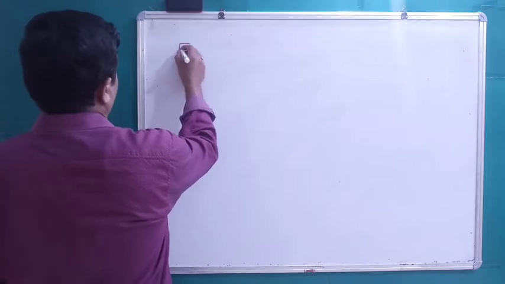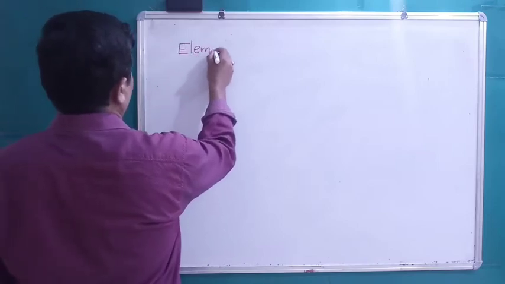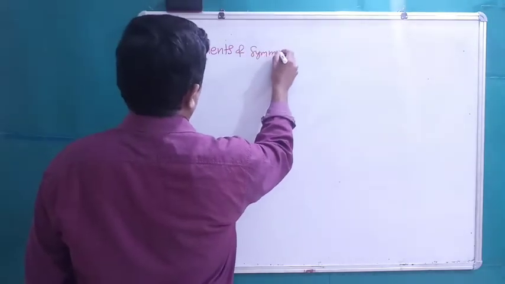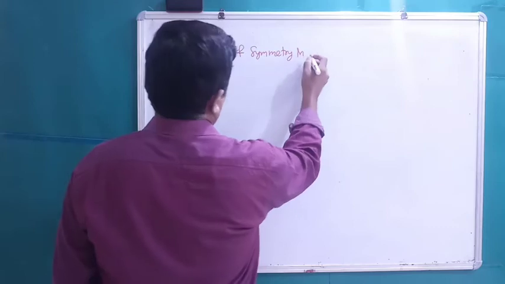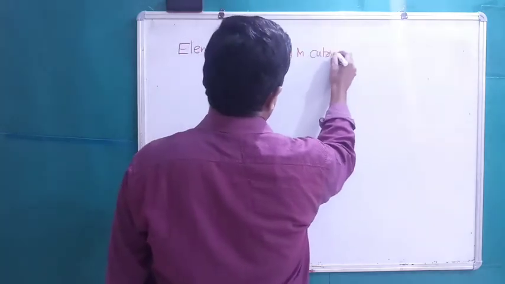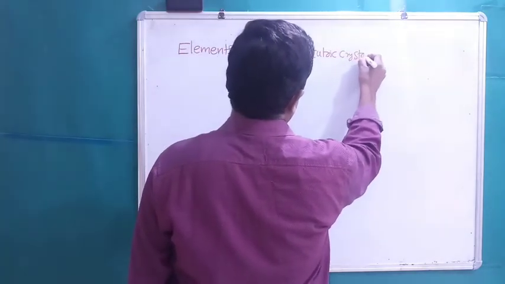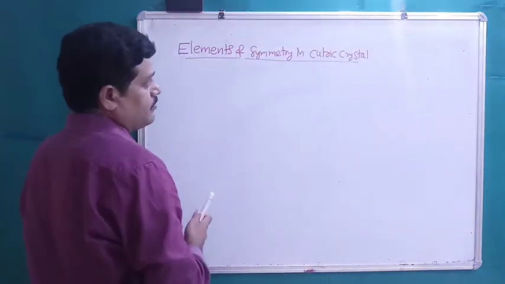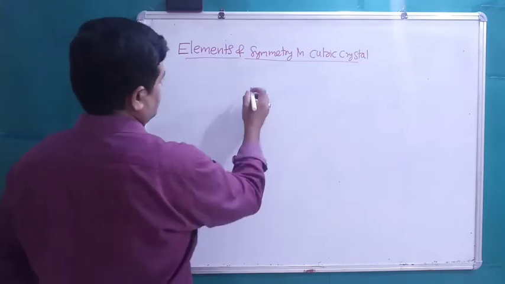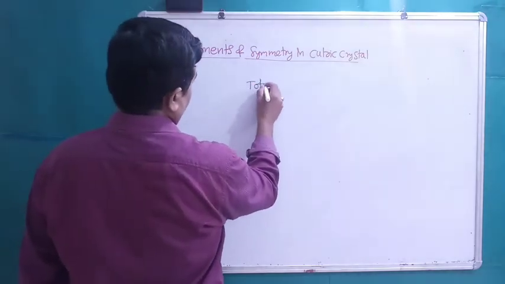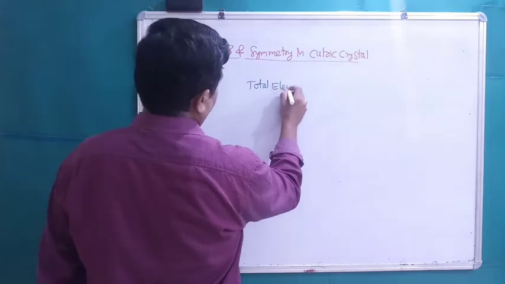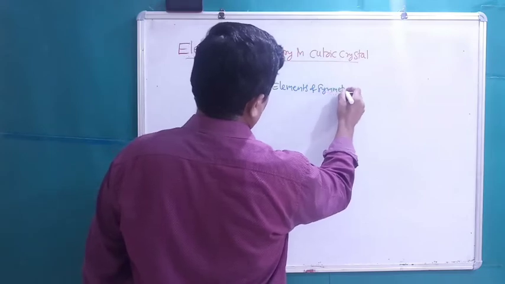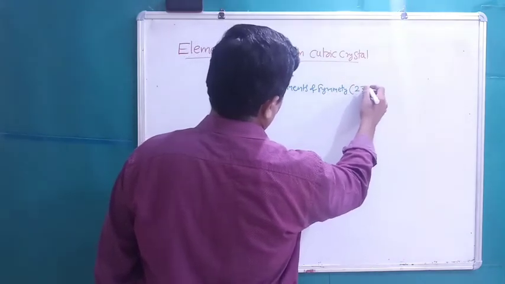Elements of symmetry in cubic crystal. Students, total number of elements of symmetry is 23.